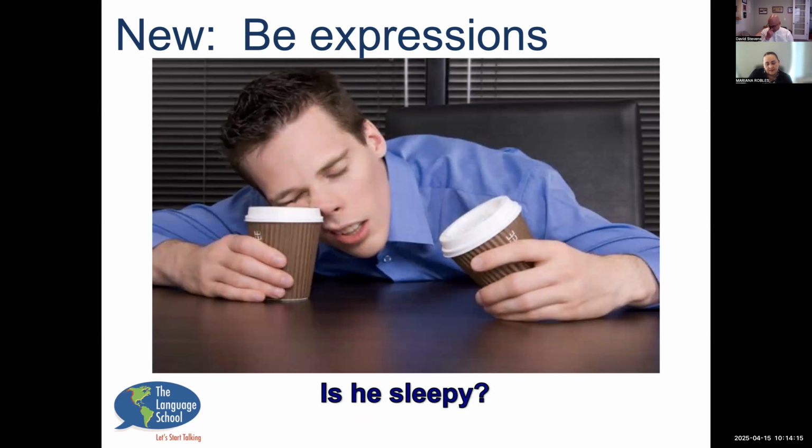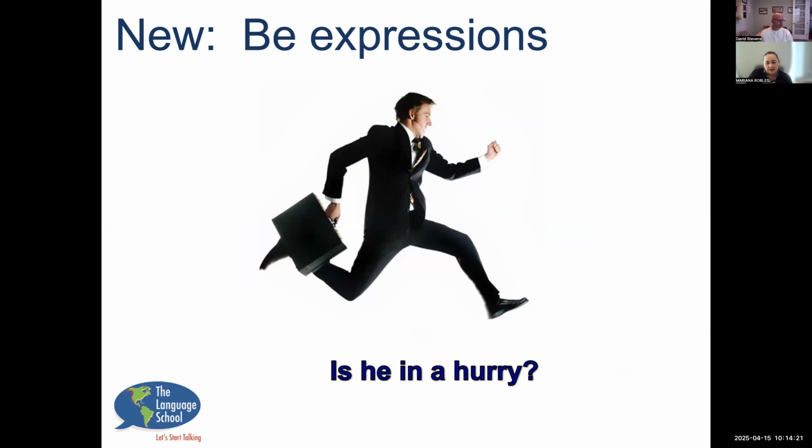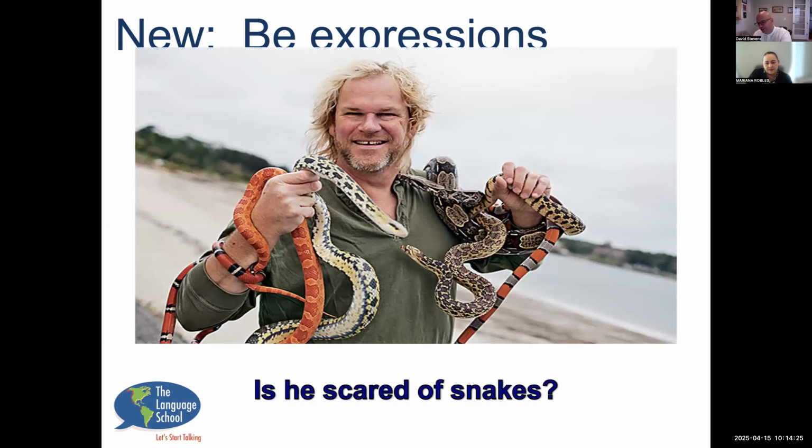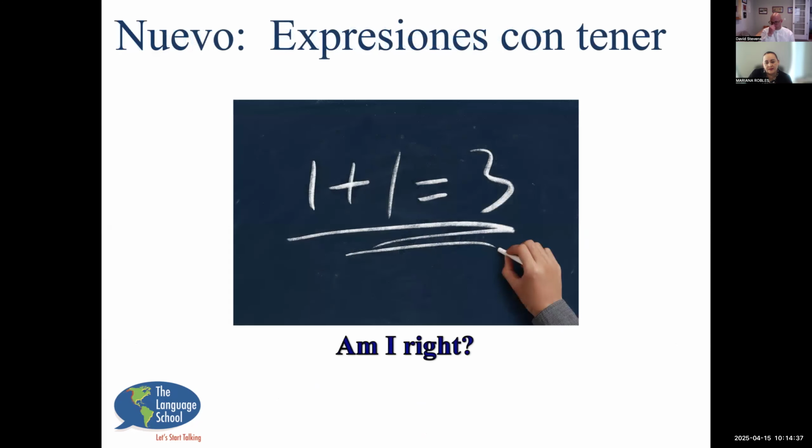Is he sleepy? Yes, he is sleepy. Is he in a hurry? Yes, he is in a hurry. Is he scared of snakes? No, he is not scared of snakes. Is she scared of snakes? Yes, she is scared of snakes. 1 + 1 = 3, am I right?